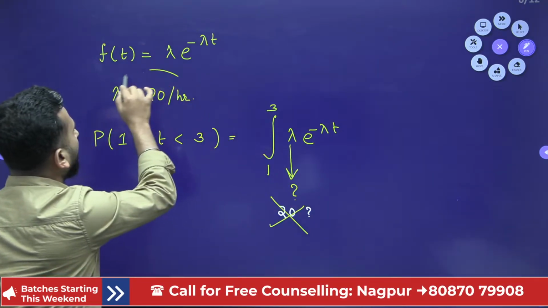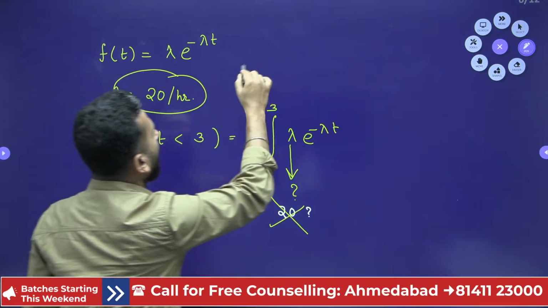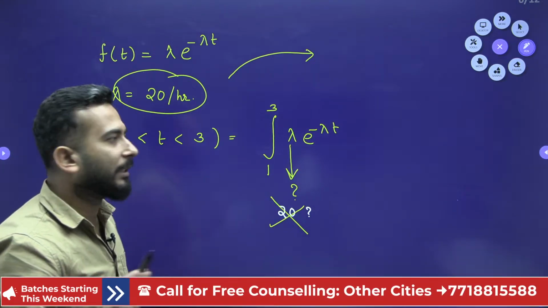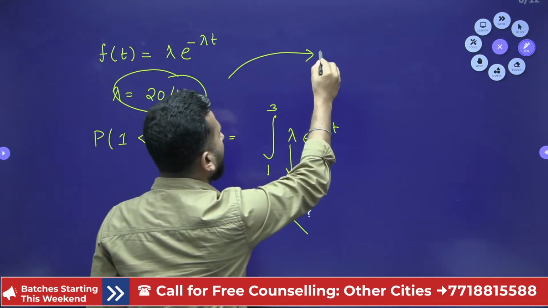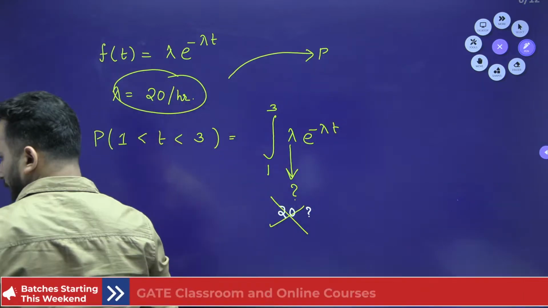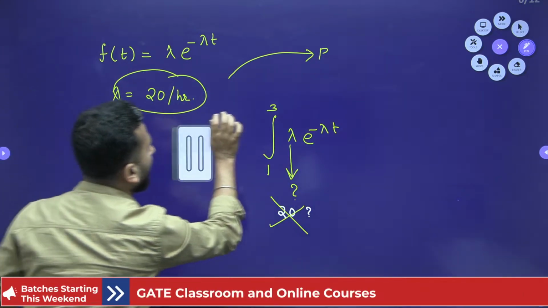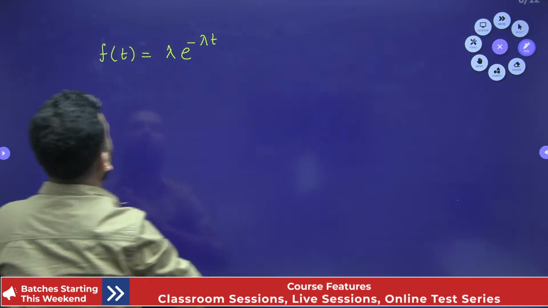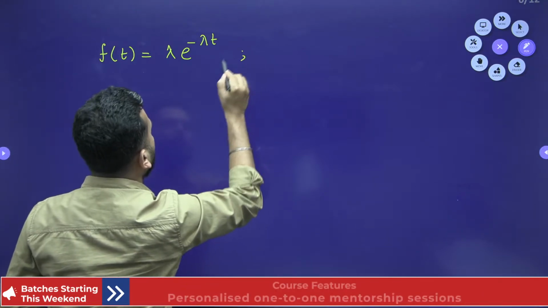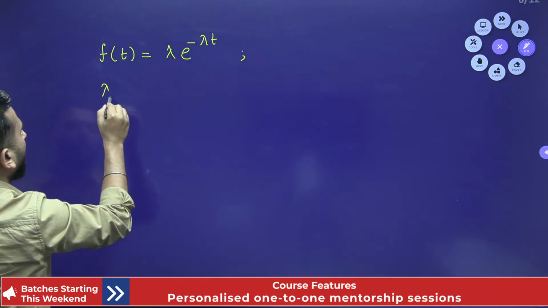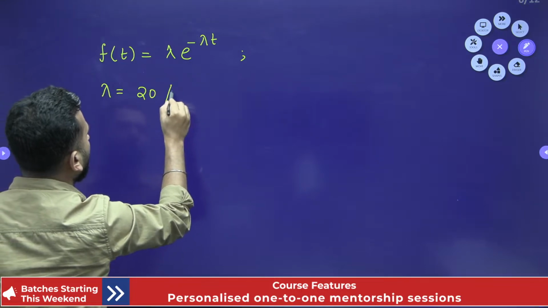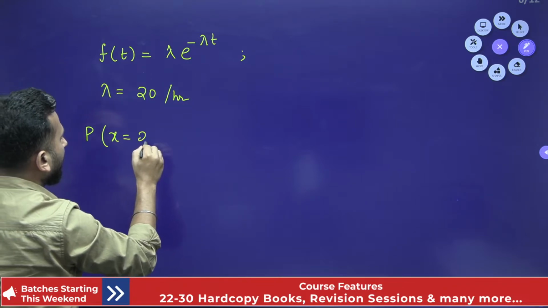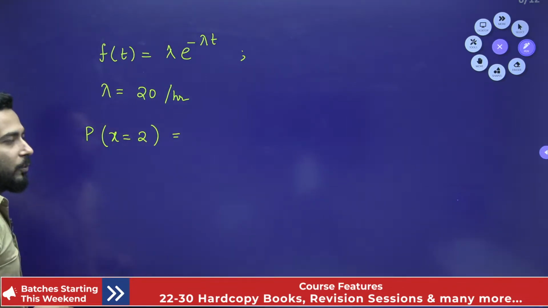He has given you lambda equal to 20 per hour, and he is asking you the probability of 2 arrivals in a given hour. Let me erase everything and then explain neatly. He has given you lambda equal to 20 per hour, and he is asking what is the probability of 2 arrivals in a given hour.